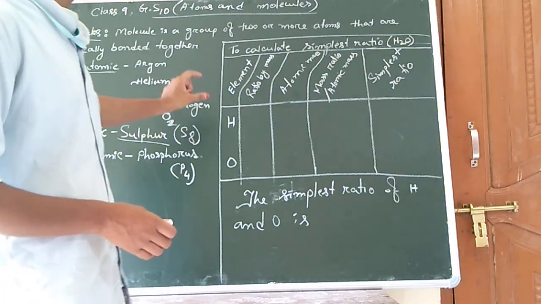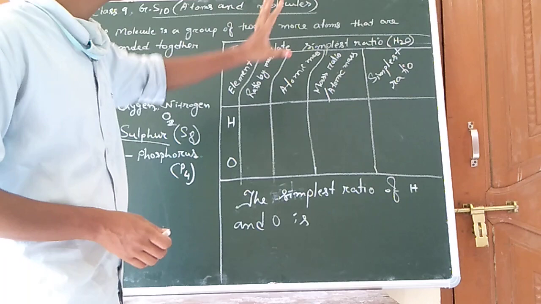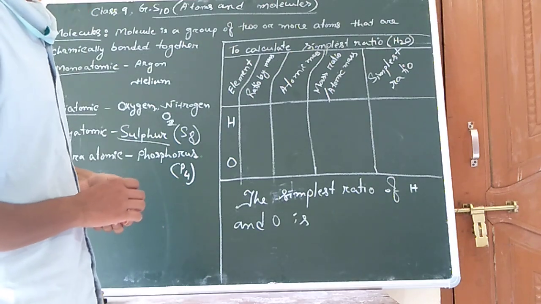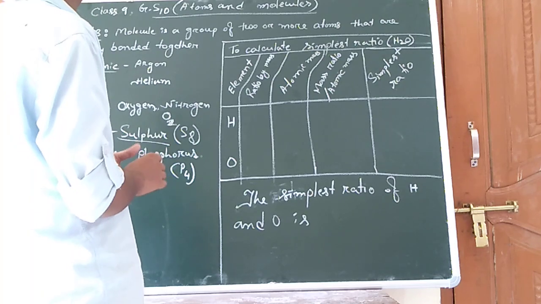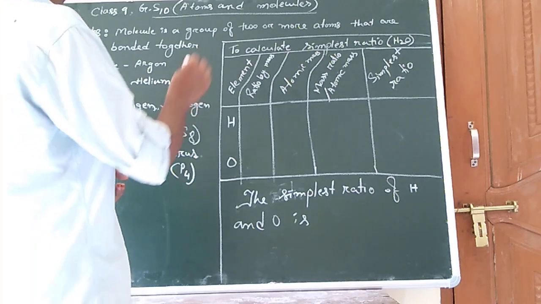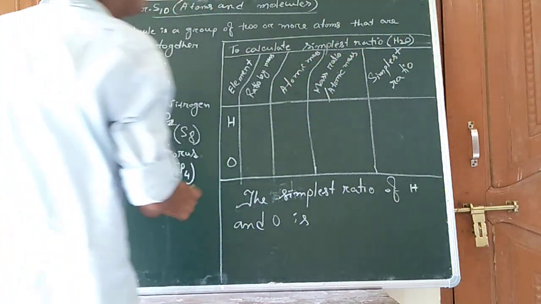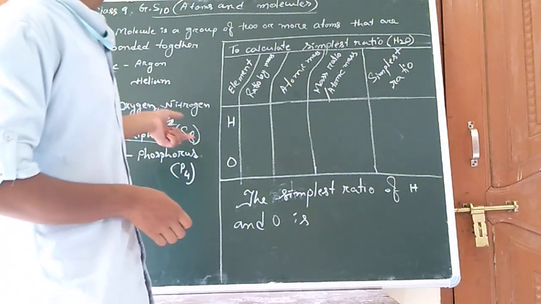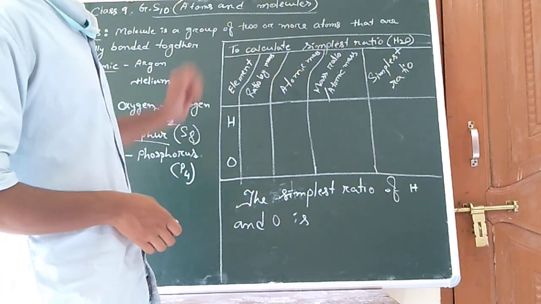Every compound has its elements combined in a simple ratio. So we are going to calculate the simplest ratio of water. In the water compound, the elements present are hydrogen and oxygen.